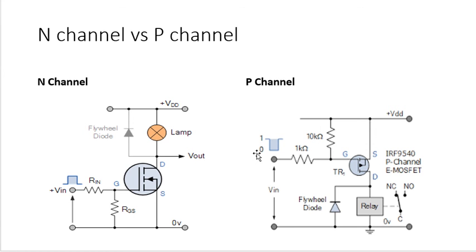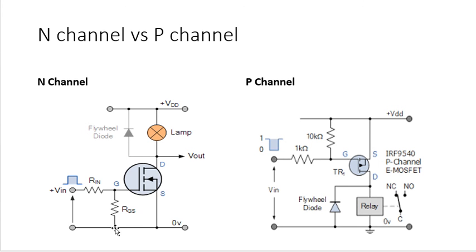Now let us concentrate on this and this resistance. Here also we have this Rin and RGS. In case of an N channel MOSFET, this Rin resistance is normally 20 ohms, 33 ohms or 1 kilo ohm.